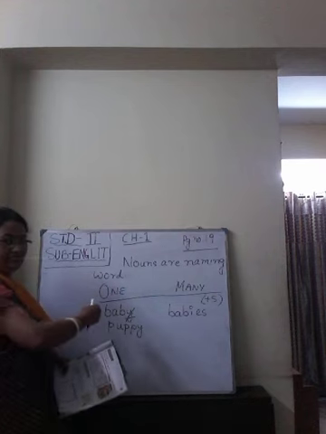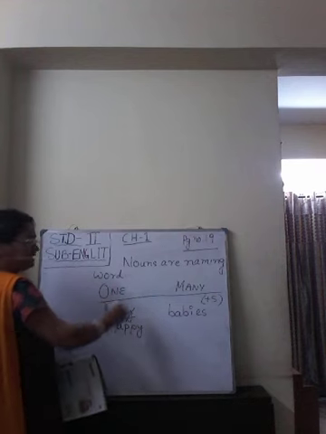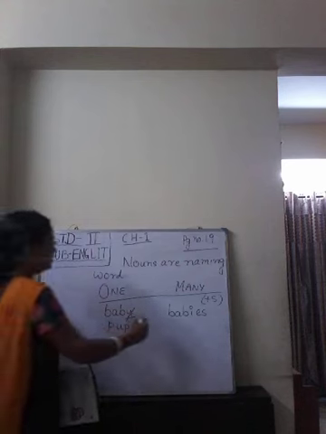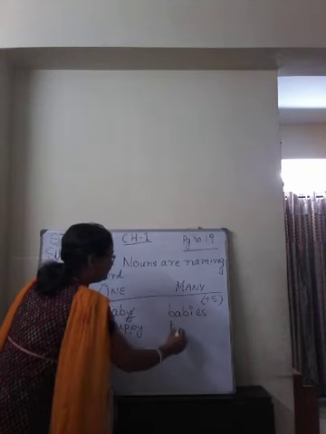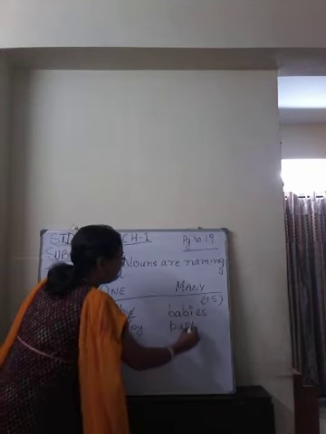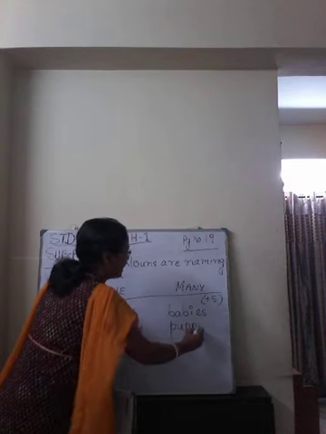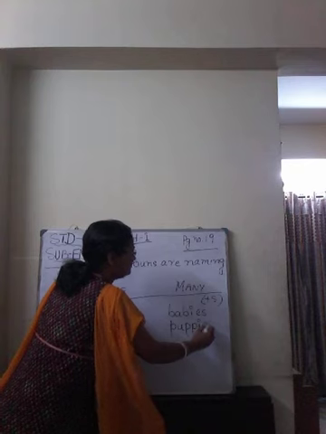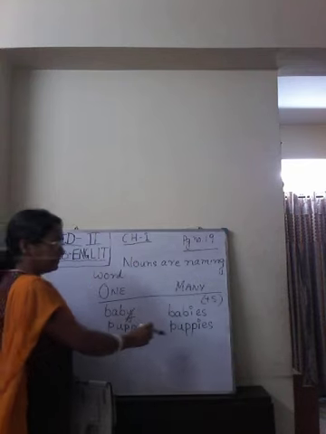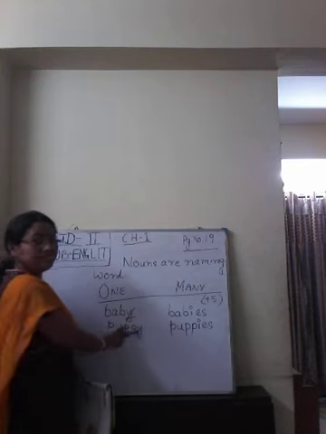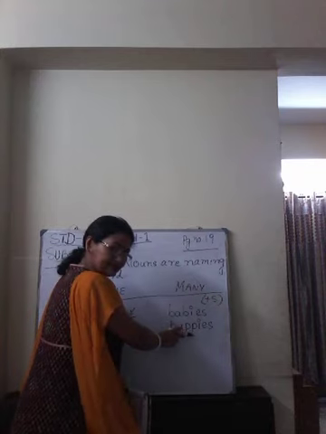Now when we change it from one to many, what will we do? We will write P-U-P-P, in place of Y what will we write? I. Then we will add ES. It will become puppies. One puppy, many puppies.